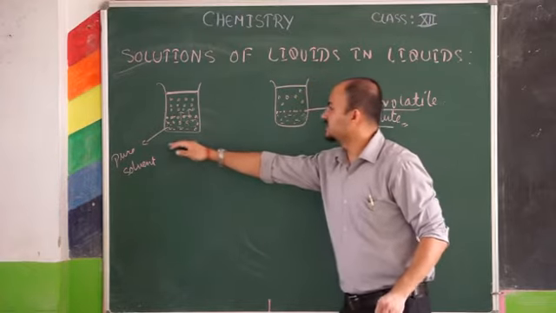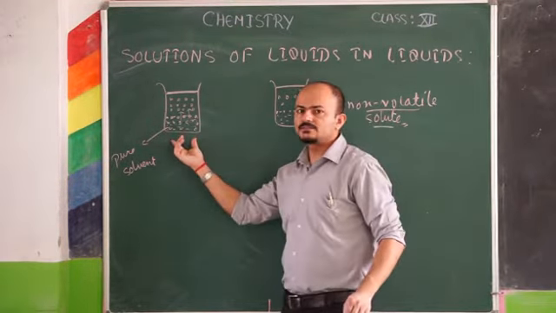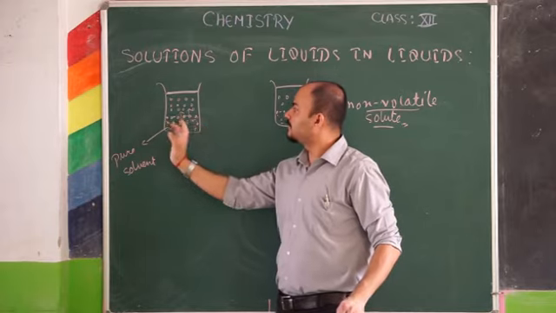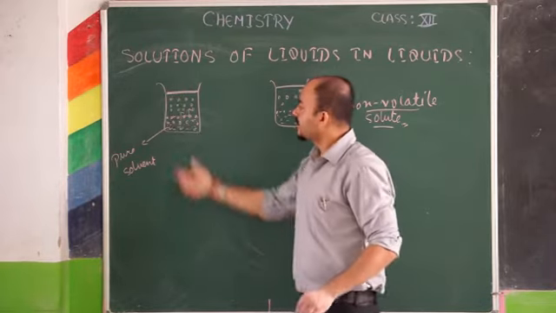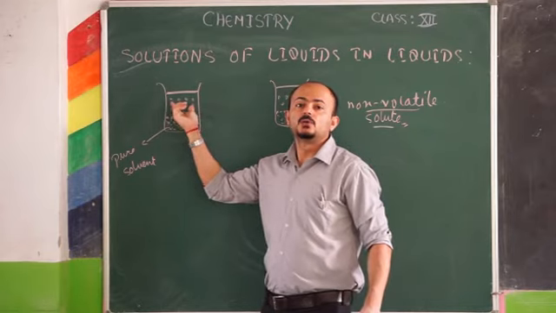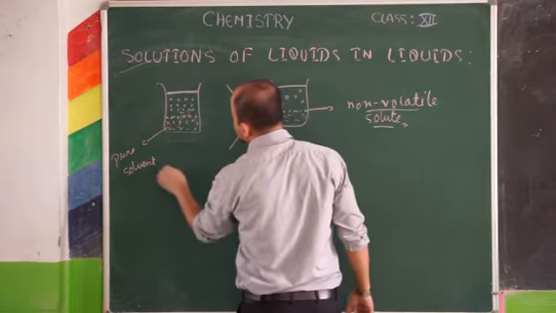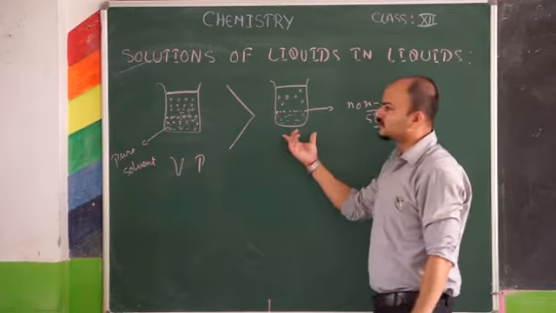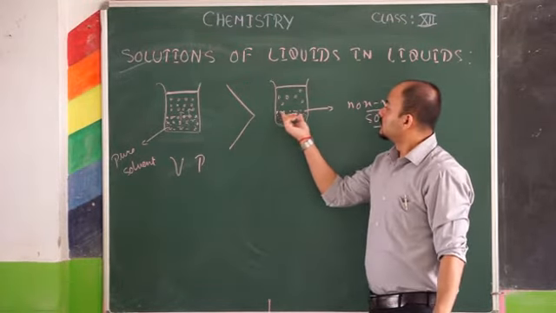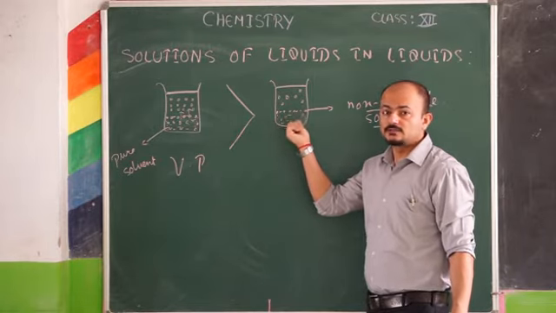In the first case, no non-volatile solute is present, only pure solvent, so more molecules go to the vapor phase. Therefore, its vapor pressure will be higher. The vapor pressure of pure solvent will be higher than that of the solution which contains a non-volatile solute. So this you have to remember.